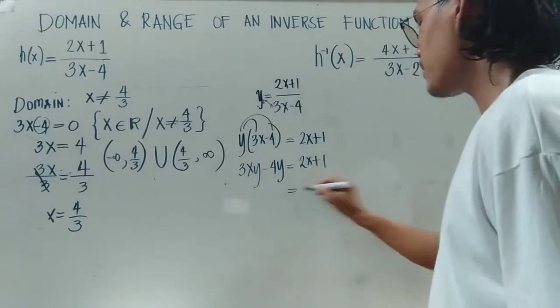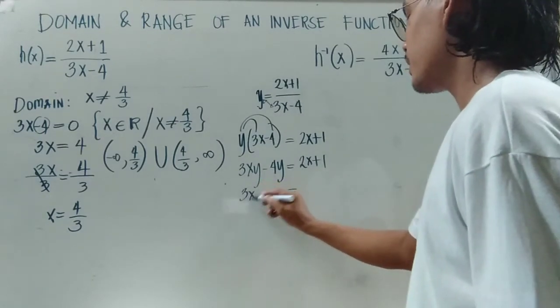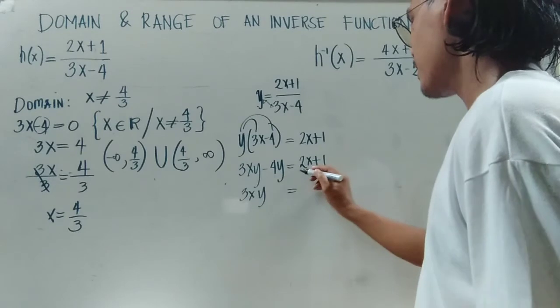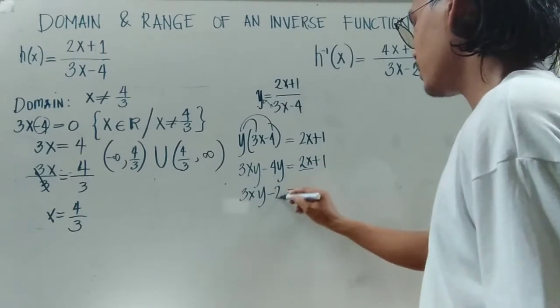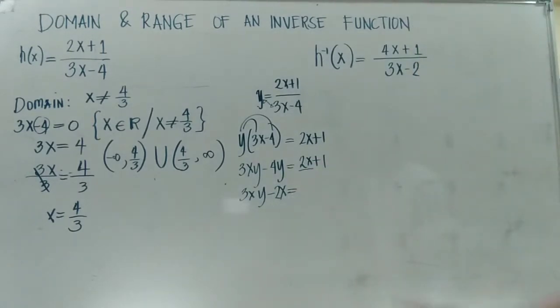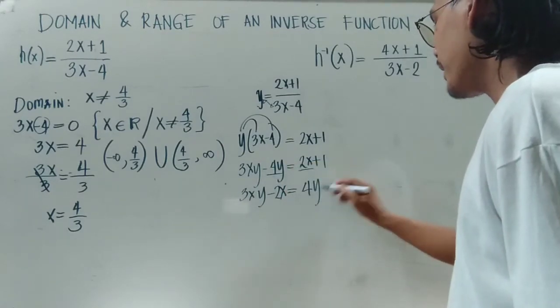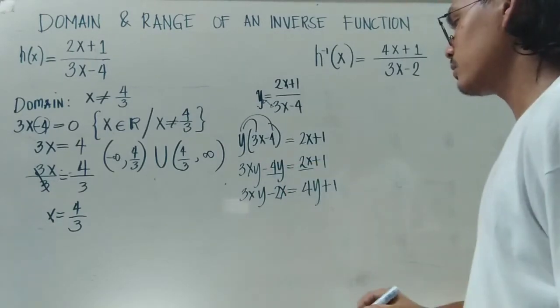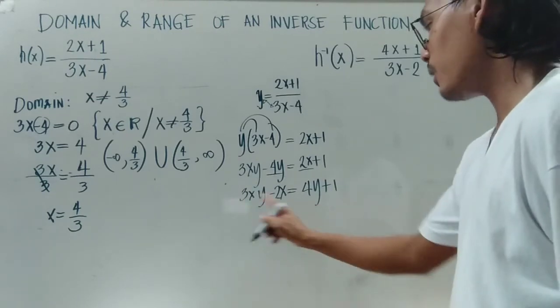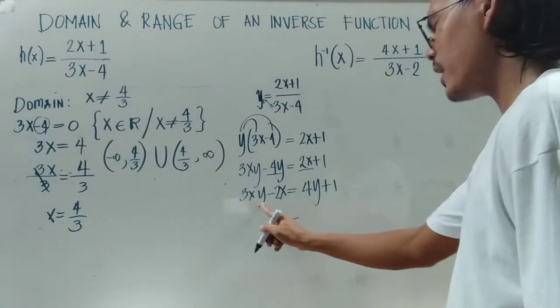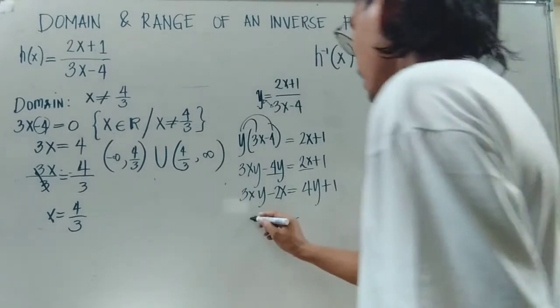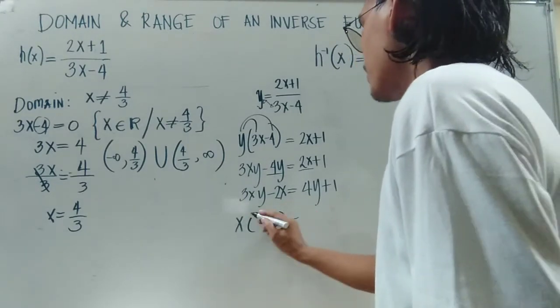Combine all the terms with x. Minus 2x will be transferred, it will become negative 2x. Then minus 4y will transfer, it will become 4y, copy, plus 1. Then what is common between 3xy and minus 2x? The common factor is x, of course.